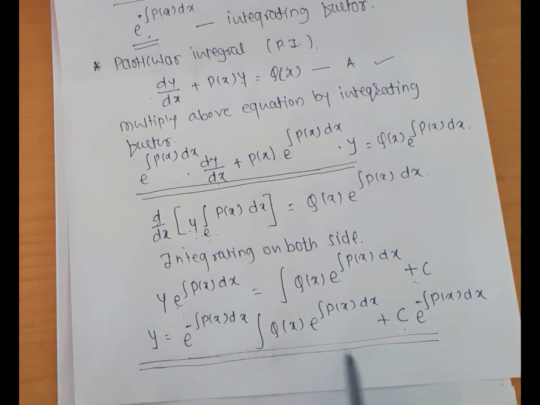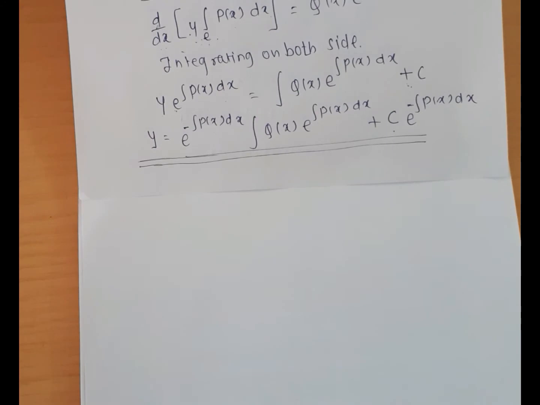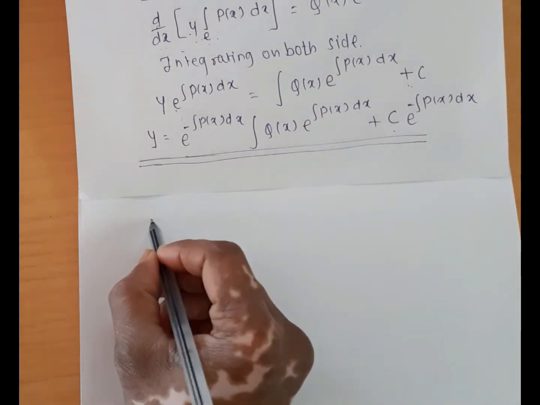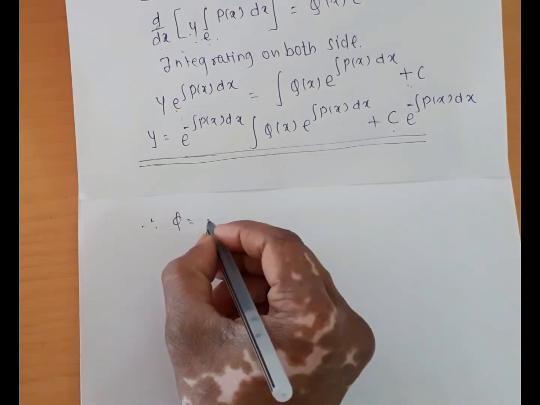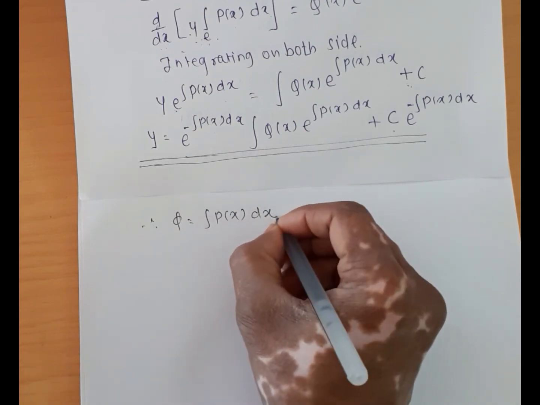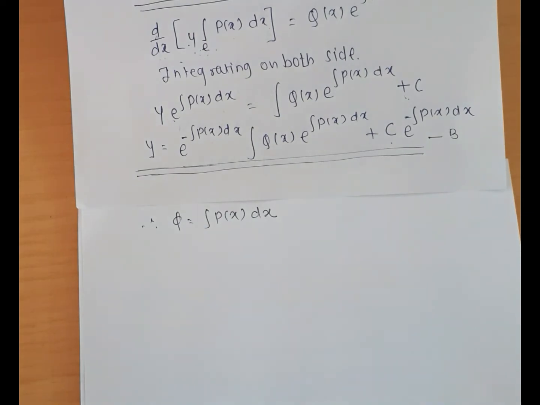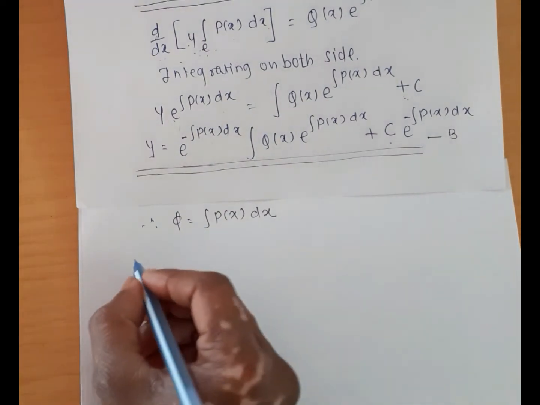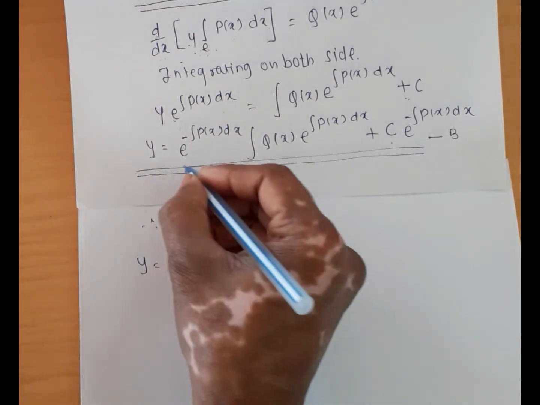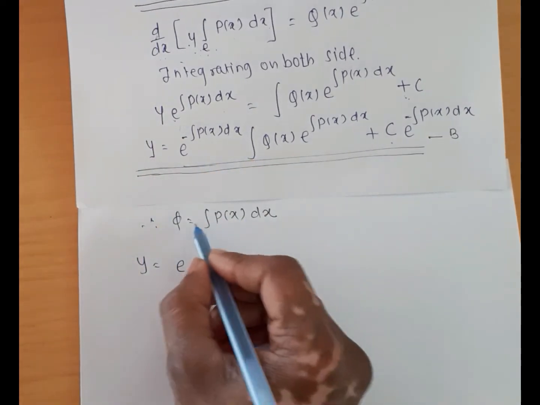So now we modify these equations. How to modify these equations? Here I write the value of phi. So now the value of phi is equal to integration of p of x dx. So we now modify this equation, and that equation is called equation b. So we modified this equation, then what do we get? See there, y is equal to e raised to minus phi, because instead of this minus p of x dx we write phi.